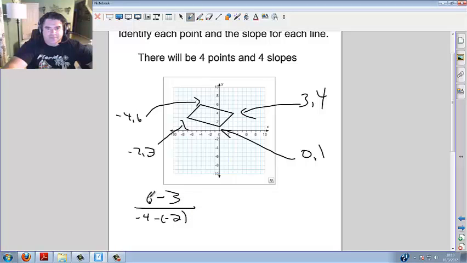Something like that. 6 minus 3 is 3. So I'm going up 3, which makes sense. But then negative 4 minus negative 2, I'm still getting negative 2.